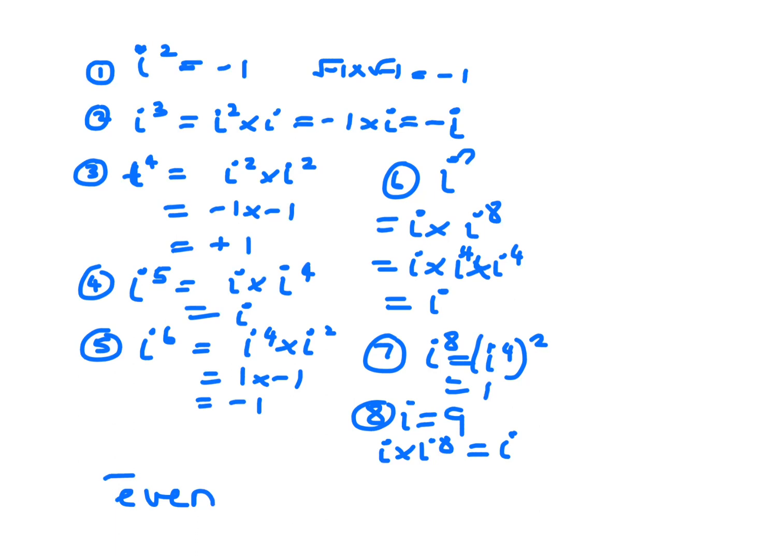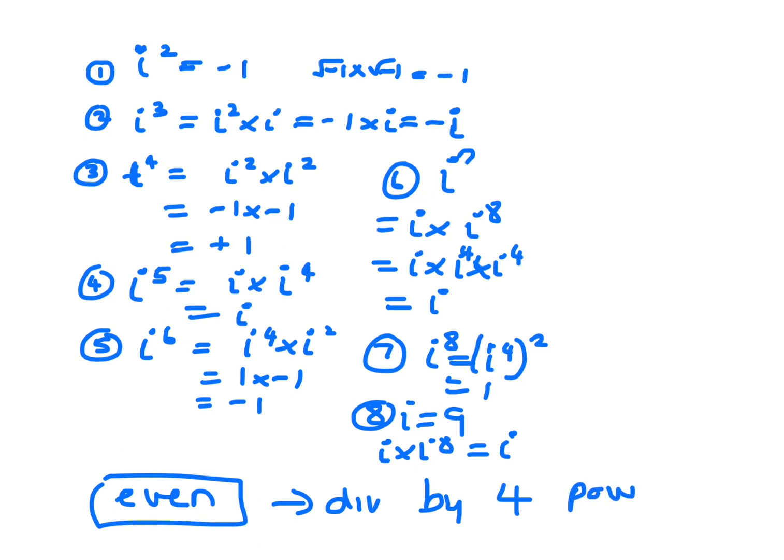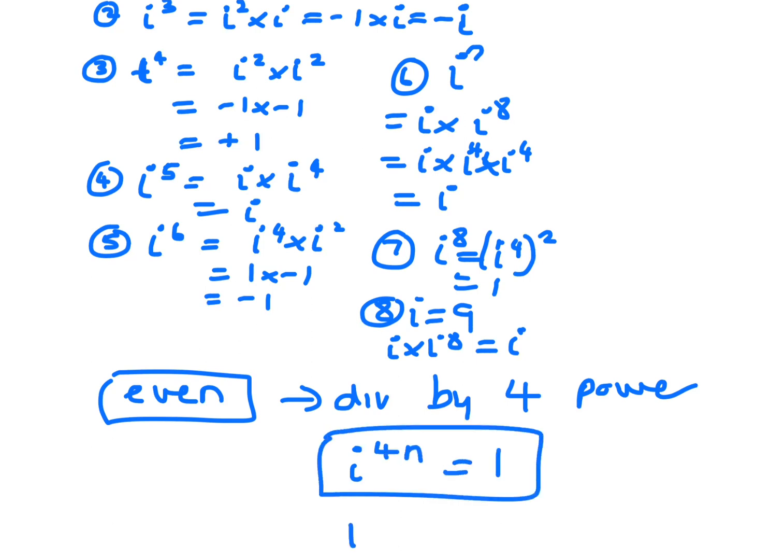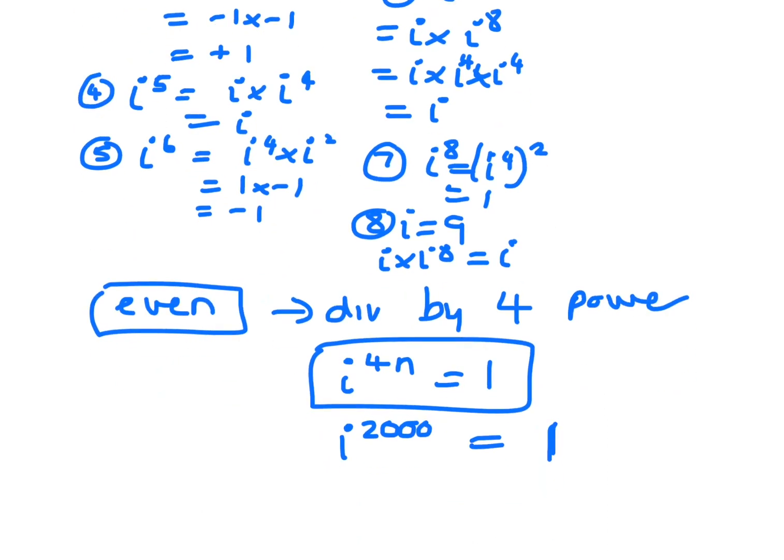If it is an even number that is divisible by 4 on the power, then i to anything divisible by 4, like say 4n, will just be 1. For example, i to the 2000. 2000 is divisible by 4, so it'll just be 1.